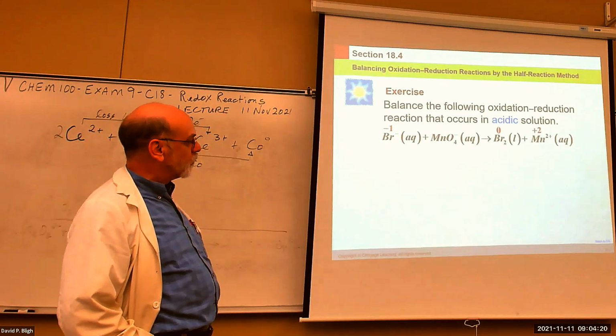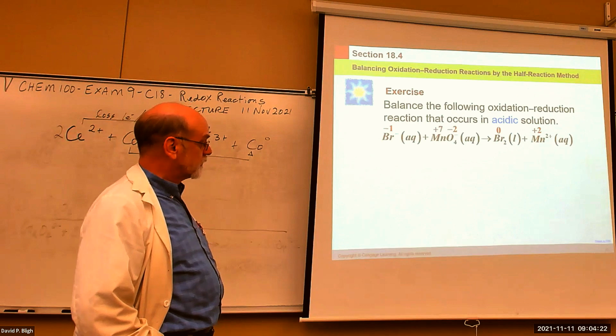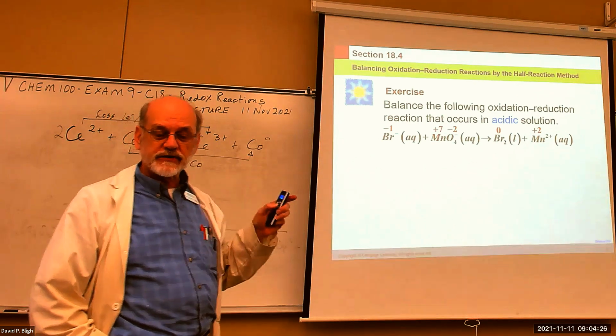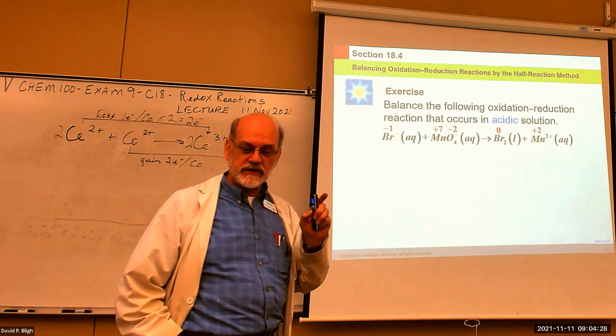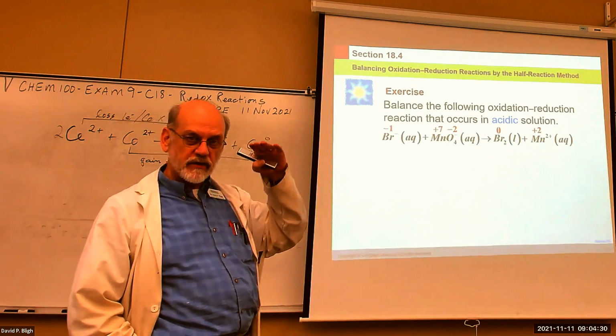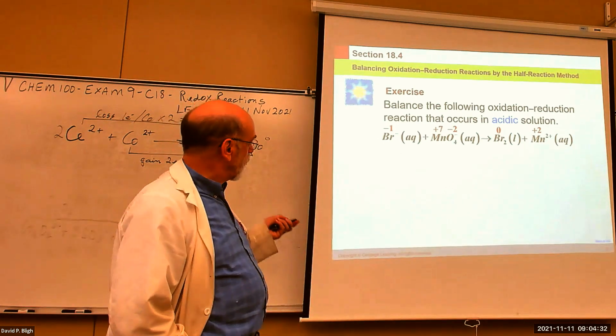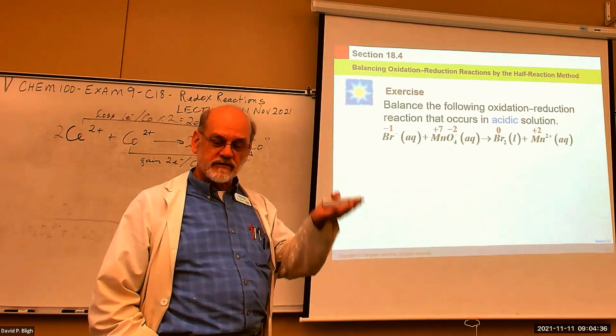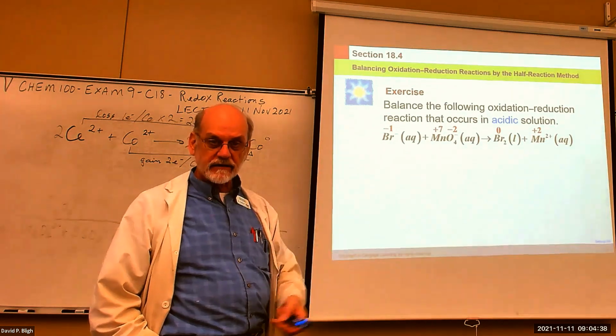We just need to find out what the oxidation states are so that we can separate it. Manganese goes from +7 to +2, which means it is reduced. Its oxidation number decreases. Whereas bromine goes from -1 to 0. It increased from -1 to 0. It lost electrons.